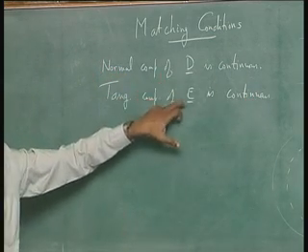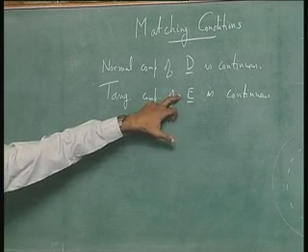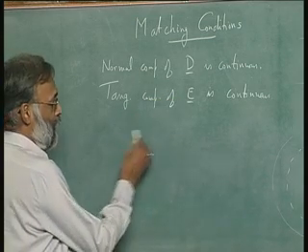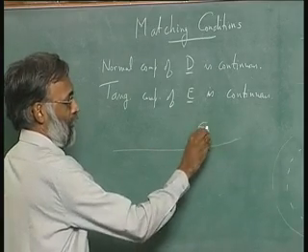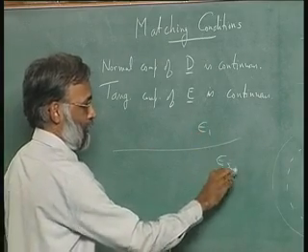We proved this using Gauss's law and Stokes' theorem. Namely, we had some surface, there was, say, epsilon 1 on one side, epsilon 2 on the other side.